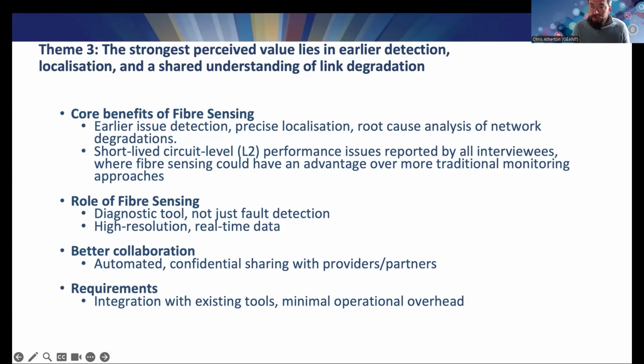But the value that fibre sensing brings is with that earlier detection and localization of a particular fault. With some of the respondees, there are performance issues that they all reported where fibre sensing could have had a greater advantage over traditional monitoring approaches in order to speed up that fault resolution.